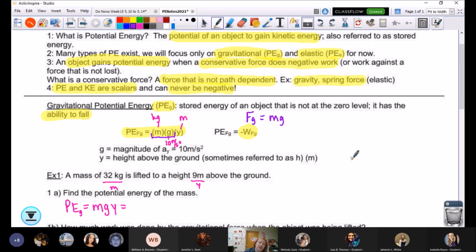So let's look at our first example. A mass of 32 kilograms is lifted to a height of 9 meters above the ground. So we have our mass of m, our height of y, and g is always 10. We are going to plug those numbers into the equation and solve for the potential.